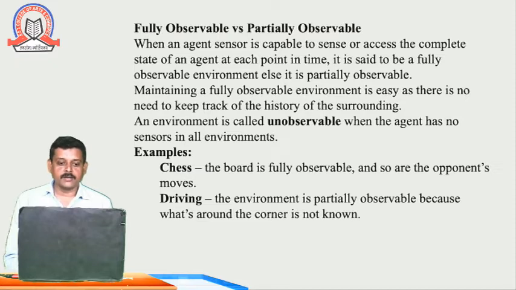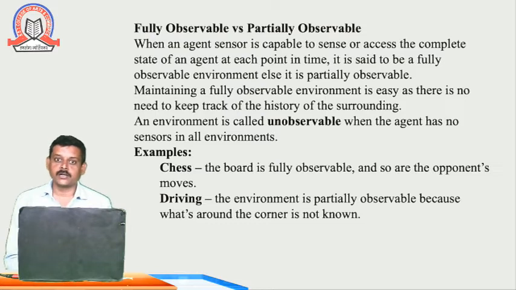And if we consider the example of driving, as we have already discussed, the place where we are driving a car is an environment for us, and many times we can't predict what will immediately come in front of us on the road.